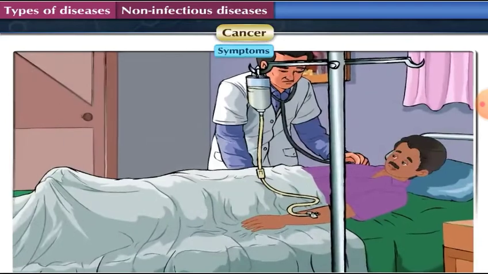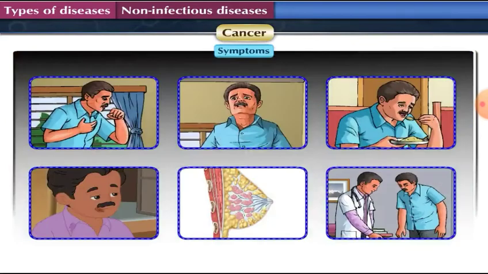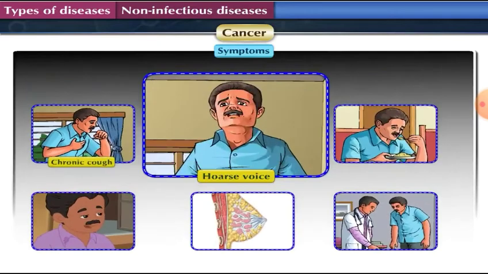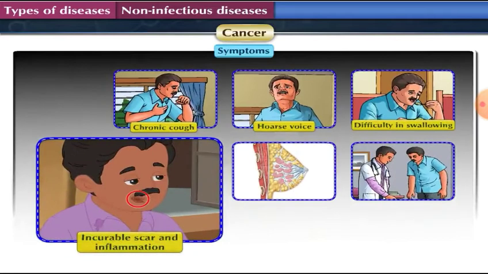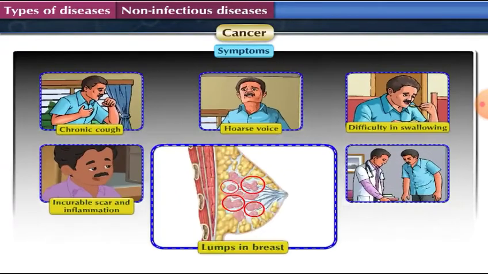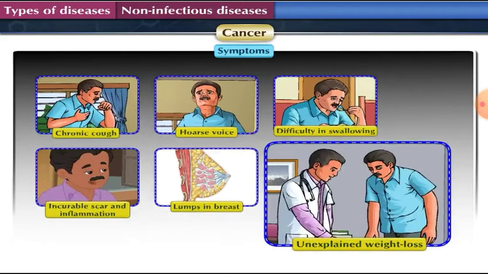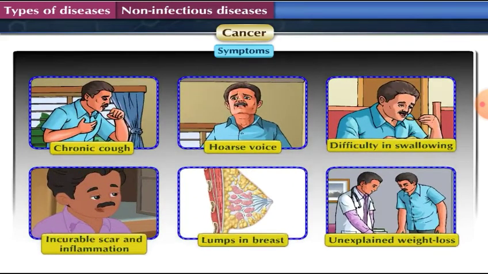Symptoms of cancer depend upon the body part in which cancer develops. Chronic cough, hoarse voice, difficulty in swallowing, incurable scar and inflammation, lumps in breast, and unexplained weight loss are symptoms of some types of cancer.